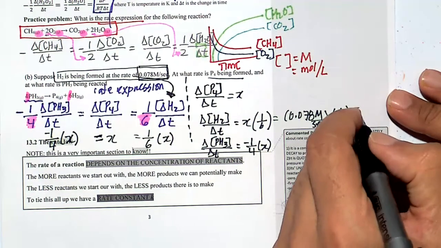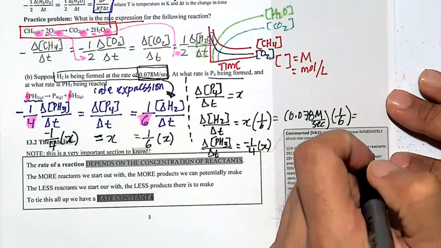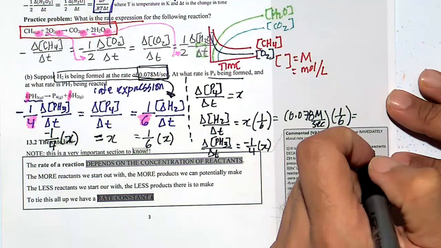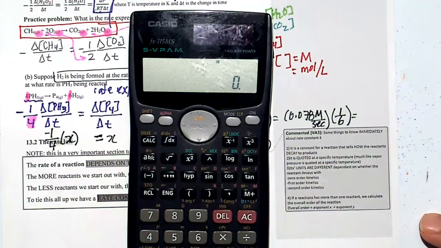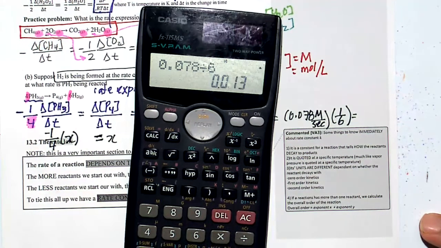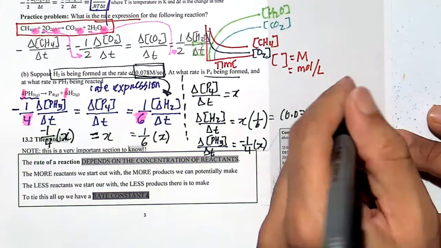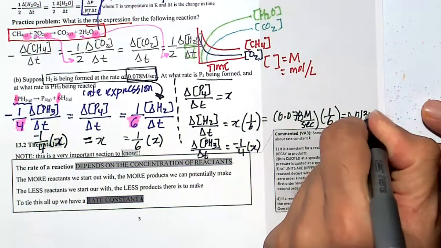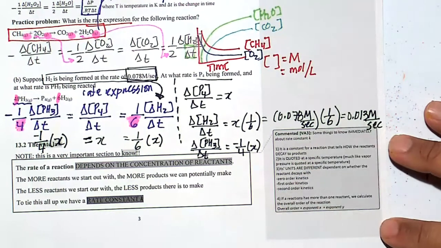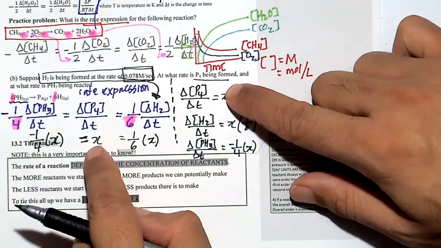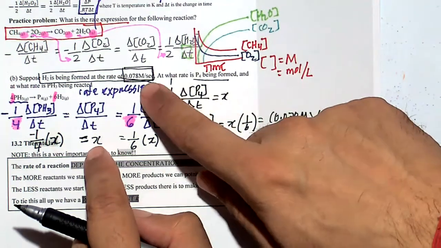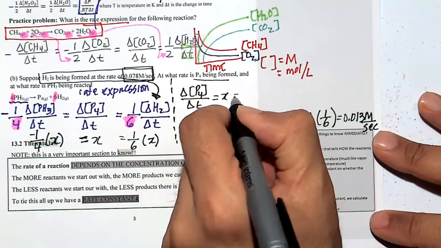And on my calculator, I'm getting an answer of 0.013. 0.078 divided by 6 is 0.013. Okay, the change in P4 over time is X, and they tell us X here is 0.078.